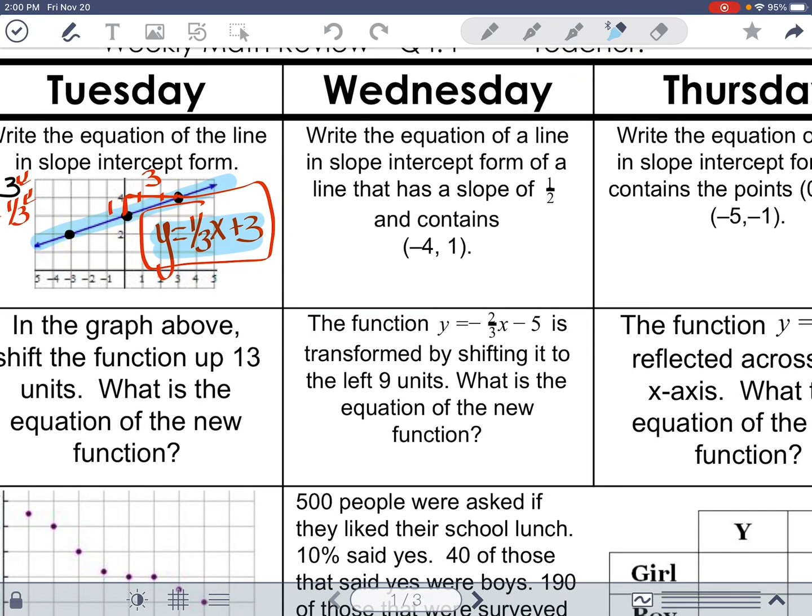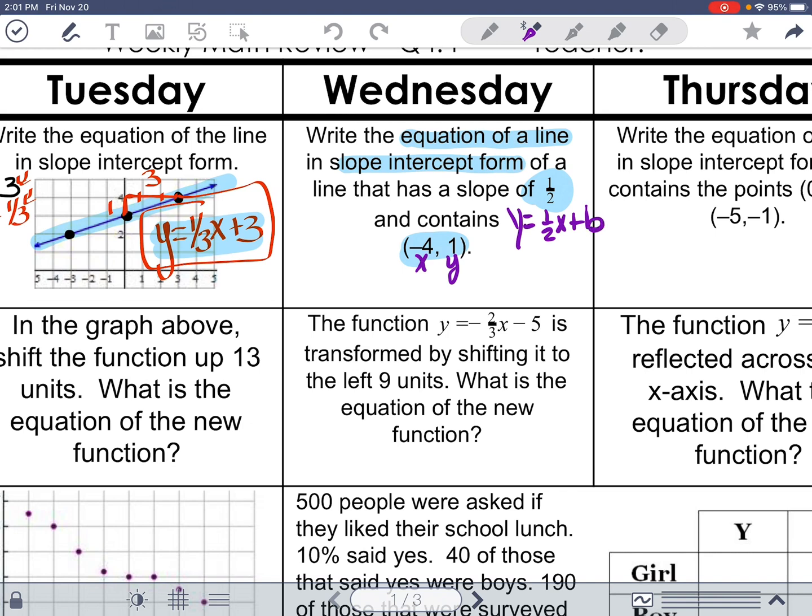There you go. All right, so let's move on to Wednesday. Write the equation of the line in slope-intercept form that has a slope of 1/2. Ooh, they gave us that. And it goes through this point right here, or contains that point. So they also gave you an x value and a y value. So I can take the slope and write the equation: y equals 1/2 x plus b.